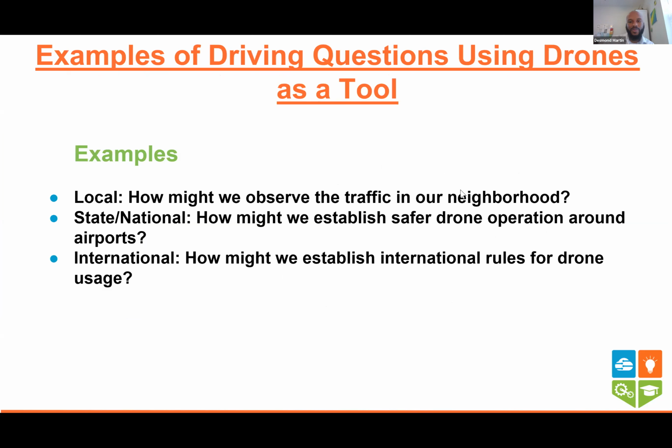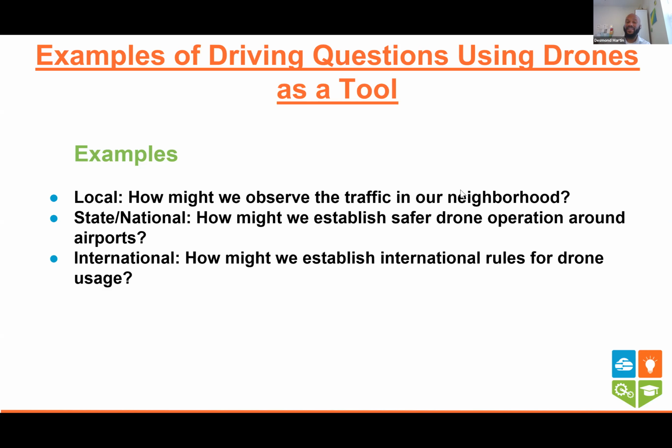So there are a couple of examples that we use for solving problems. How might the drone observe traffic in our neighborhood? Our drone, as it stands right now, has a camera that's forward-facing. 3D printing and some crafting may allow us to construct a device that changes the angle at which our drone is able to take video. Staying nationally, how might we establish safe drone operation around airports?